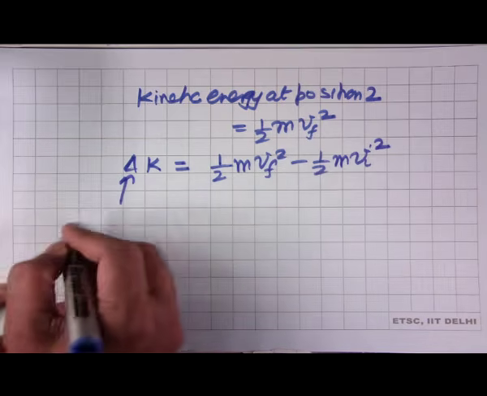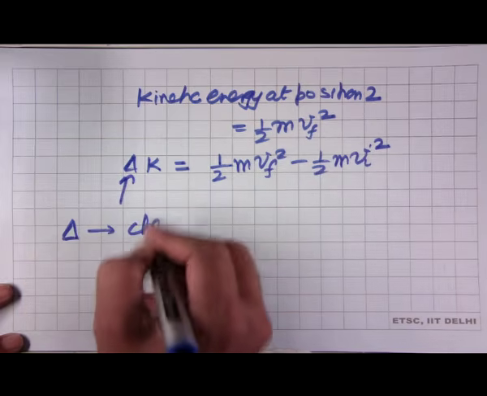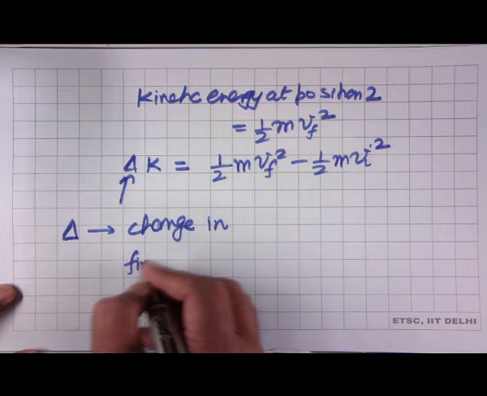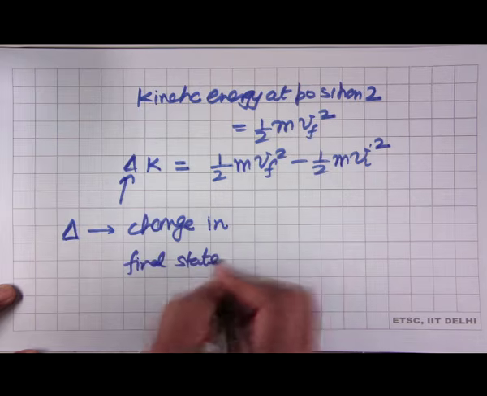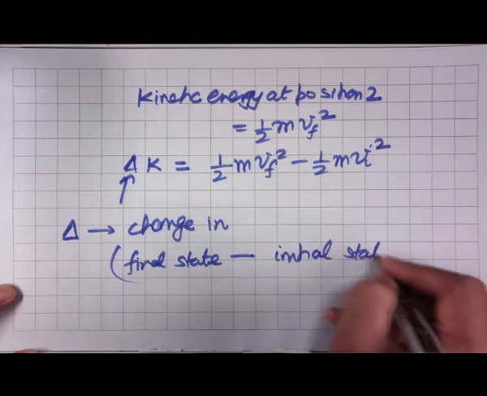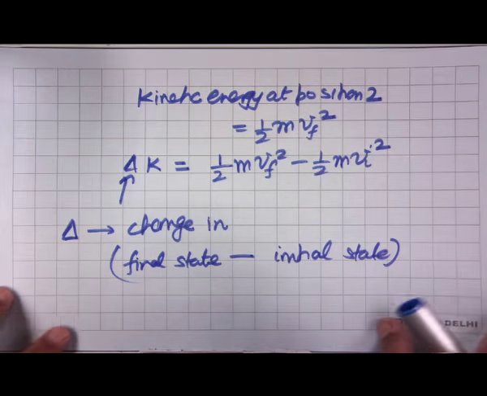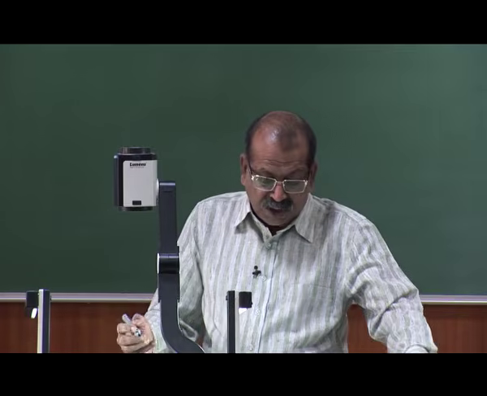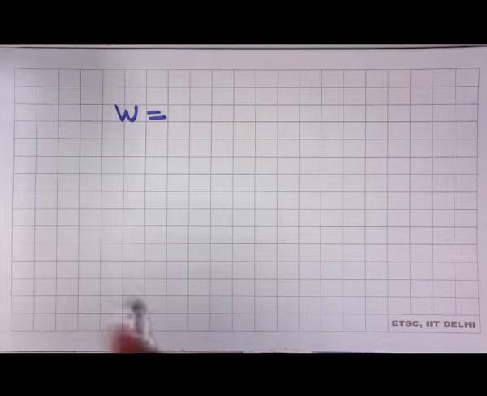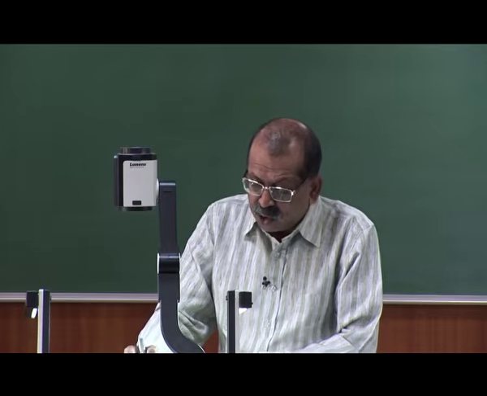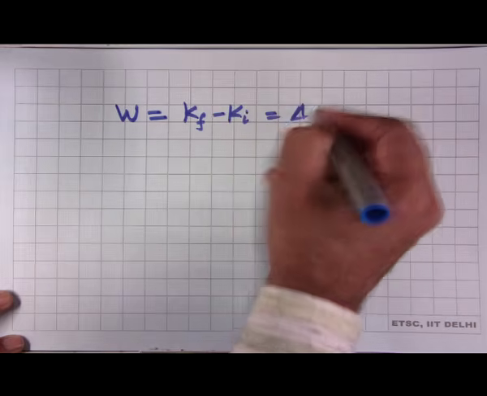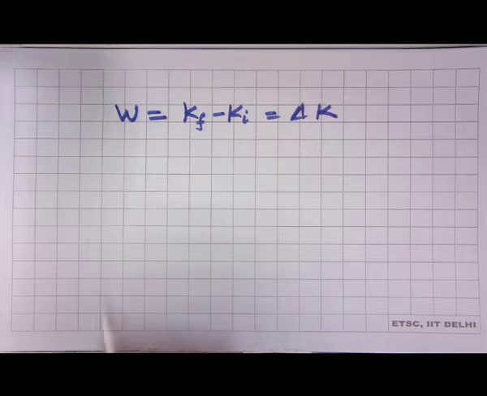This symbol delta which we use means change in, and this is always the final state quantity minus the initial state. And the work kinetic energy theorem, or the work energy theorem, tells us that the work done by forces when the particle moves from state 1 to state 2 is equal to the change in kinetic energy, and this is simply the work energy theorem.